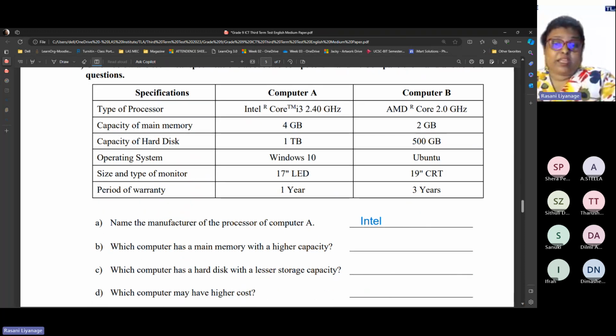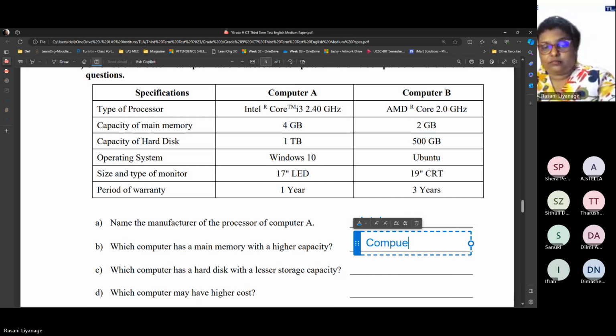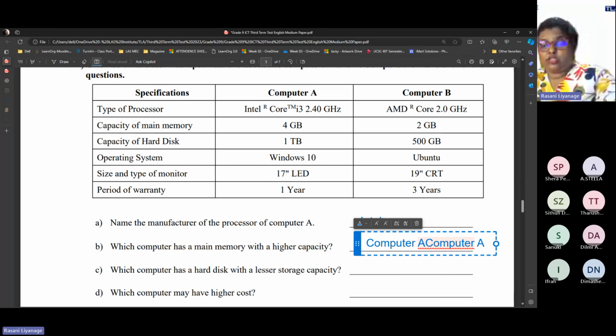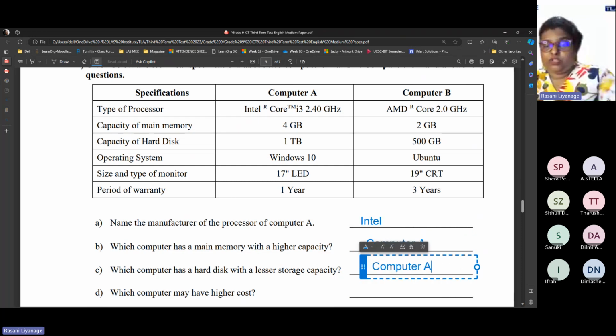Which computer has main memory with higher capacity? Computer A 4 GB, computer B 2 GB. So that is computer A. Which computer has a hard disk with lesser storage capacity? Computer A 1 TB, computer B 500 GB. So that is computer B.